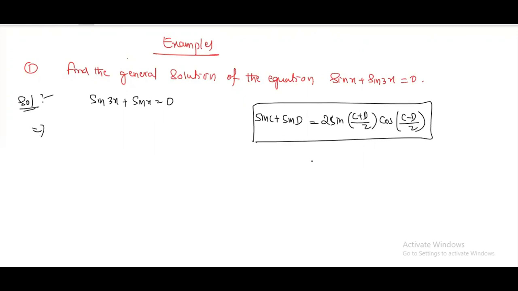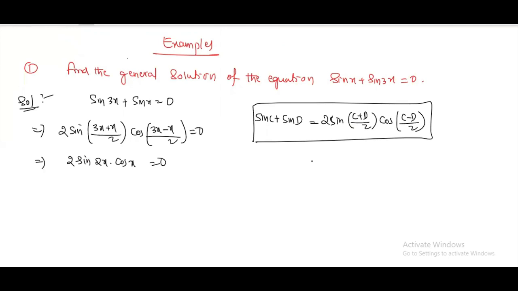We'll get 2 sin (3x plus x) by 2 into cos (3x minus x) by 2 is equal to 0. So this we can write as 2 sin 2x cos x is equal to 0. So any one of these can be 0 or both can be 0, then the product will be 0. So case 1, we can take sin 2x is equal to 0, and case 2, we can take cos x is equal to 0.